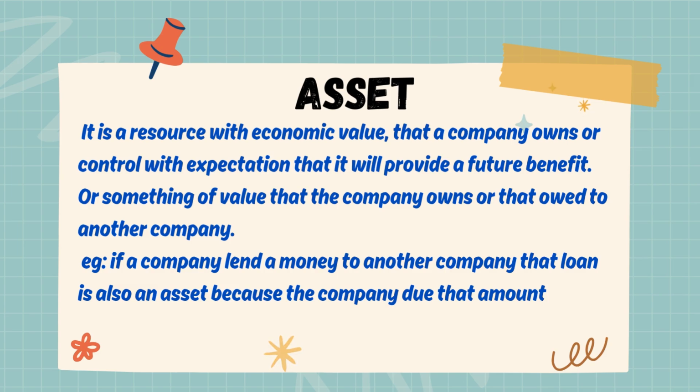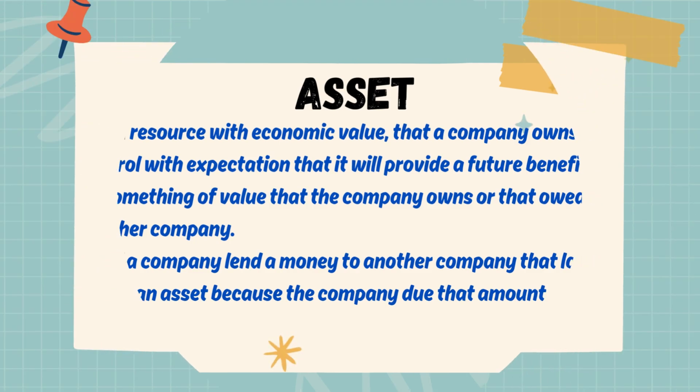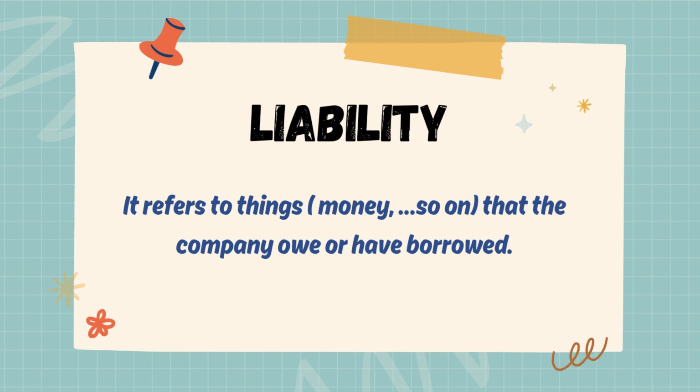For example, if a company lends money to another company, that loan is also an asset because the company is due that amount. However, liabilities refer to things such as money that the company owes or has borrowed.